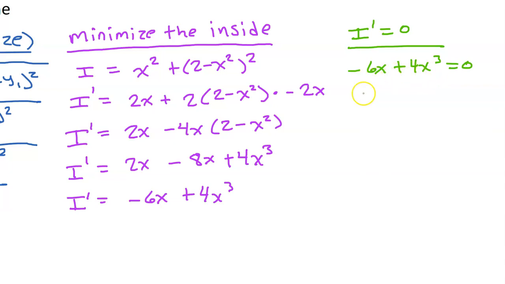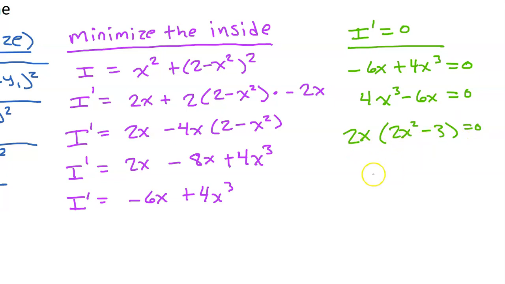I think I'll factor this. I will write this in the proper order. So I have 4x to the third power minus 6x is equal to 0. And if I factor out 2x, that's my GCF, then I have 2x times (2x squared minus 3) is equal to 0.